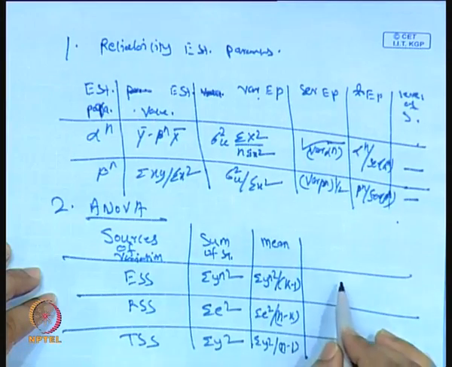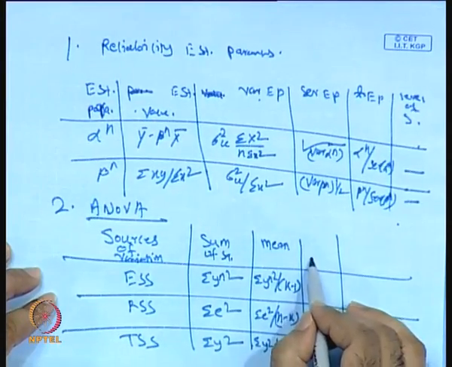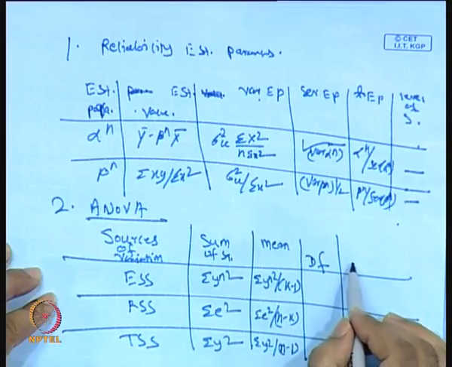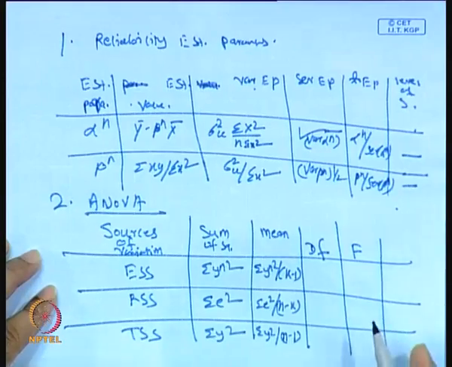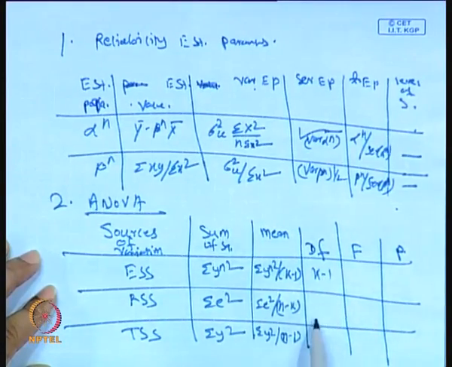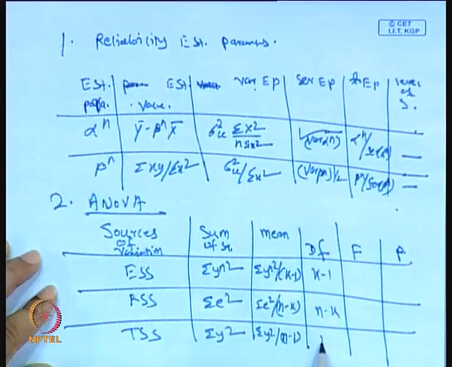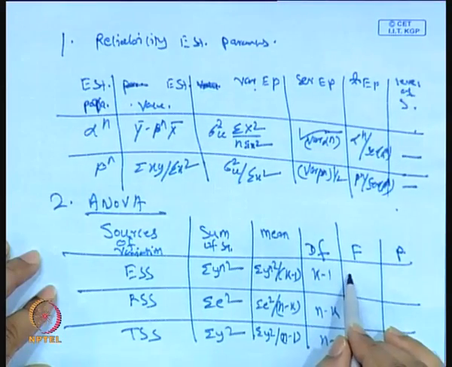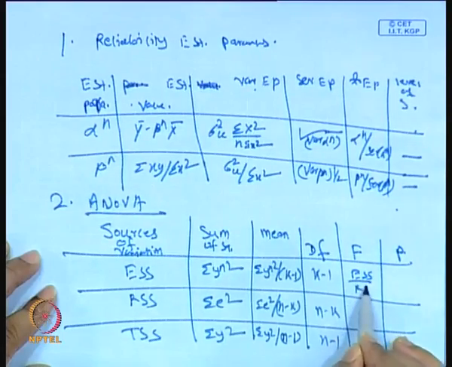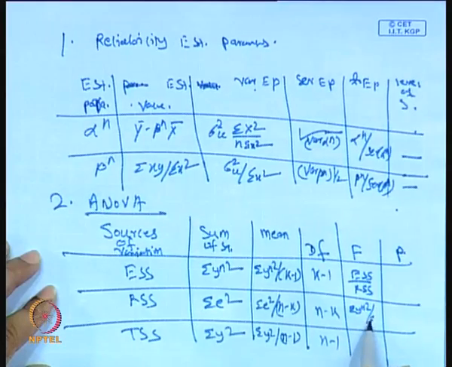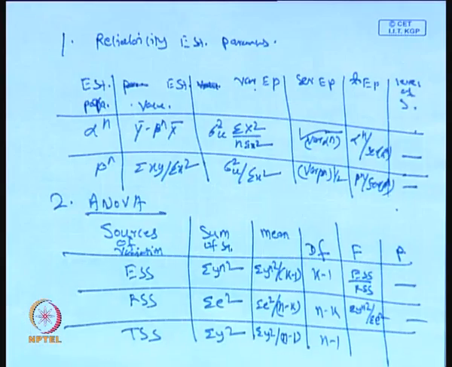Next is the degrees of freedom, then the F statistic and the probability level of significance. The degrees of freedom are k minus 1, n minus k, and n minus 1. F is nothing but ESS by RSS, that is summation y hat square by summation e squares, and p will be defined accordingly.